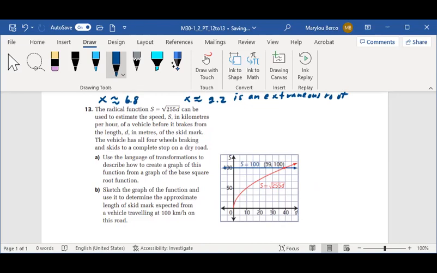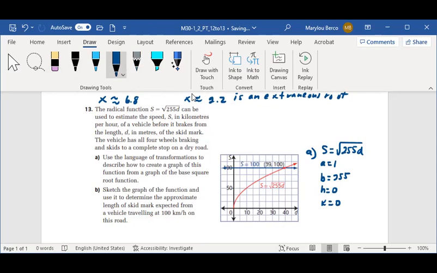if we take a look at S equals root 255D, A equals 1, B equals 255. I better put that in before I go to H. B equals 255, H equals 0, and K equals 0.